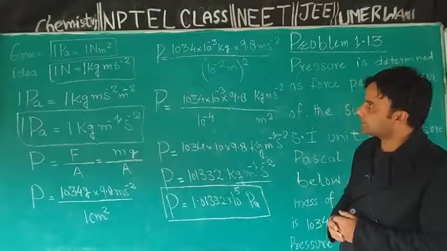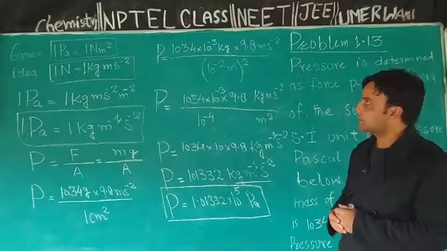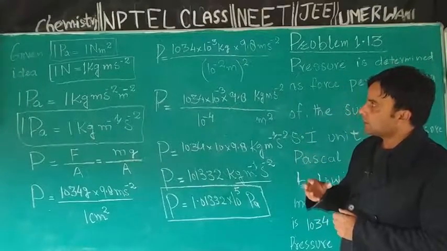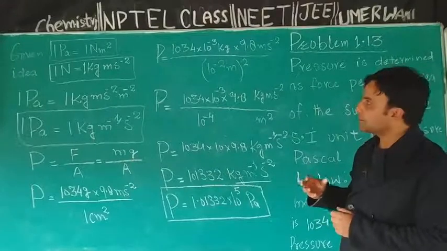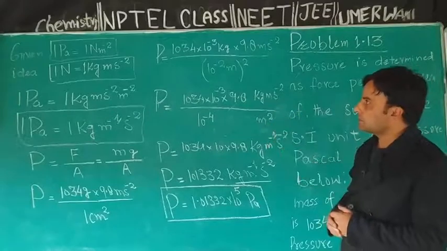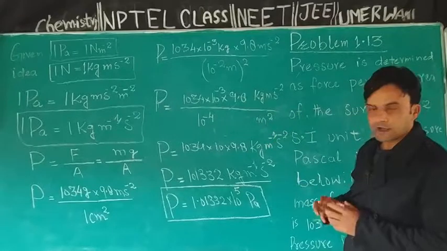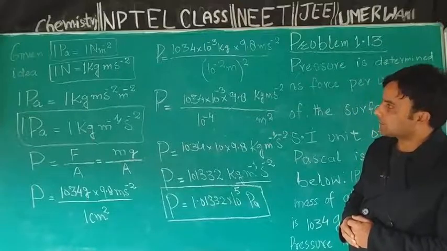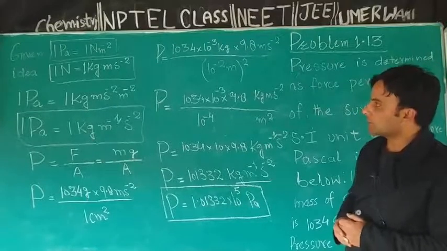The SI unit of mass is kg and the SI unit of acceleration is meter per second square. So I expressed Newton in terms of kilogram meter per second square and substituted it instead of Newton. Finally I got 1 Pascal is equal to 1 kg meter inverse per second square.